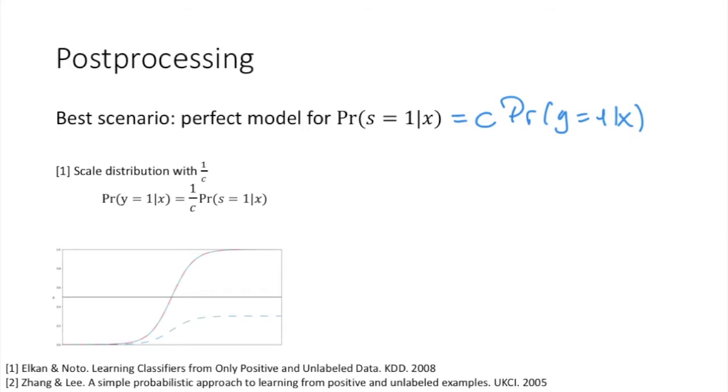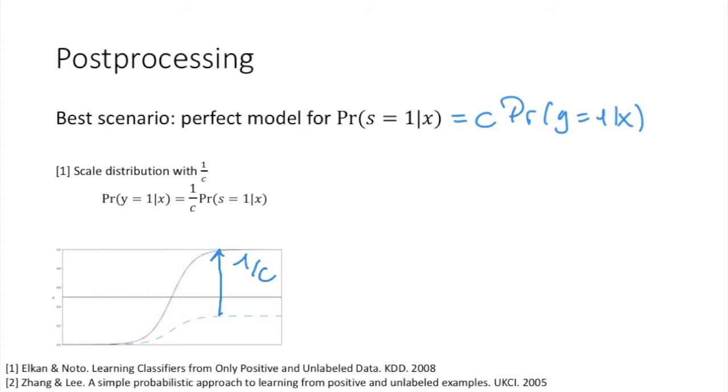So we scale the probability distribution for examples to be labeled with 1 over the labeling frequency. And then we get our probabilities that they are positive again. So here we would have the probabilities for examples to be positive and the probabilities for examples to be labeled. And we can just scale this one back up by using 1 over C. That's it.